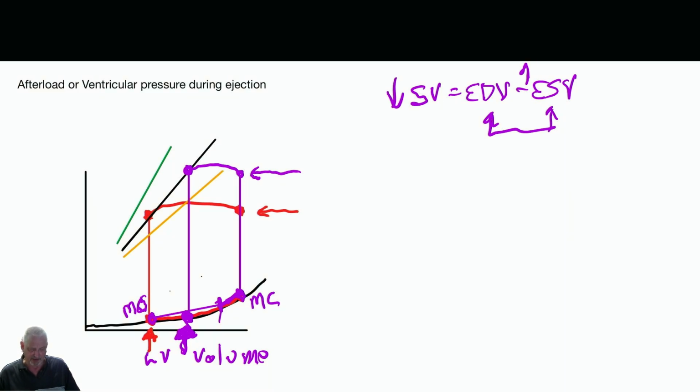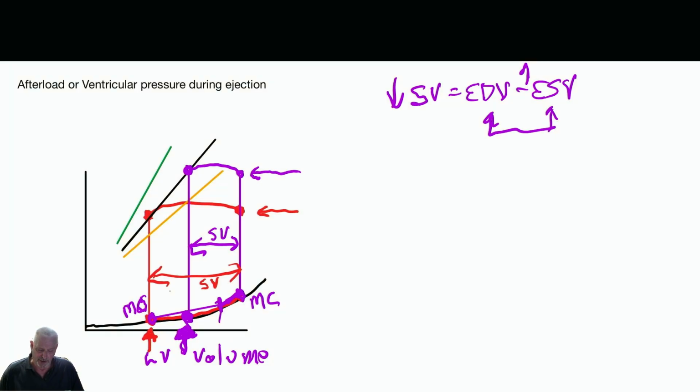So what we see if afterload is up is a decrease in stroke volume. We see that on the curve, as the curve is skinnier than it used to be in comparison to this one, which we saw under normal circumstances, where we had a higher stroke volume than we do now, the stroke volume when we have an increase in afterload.